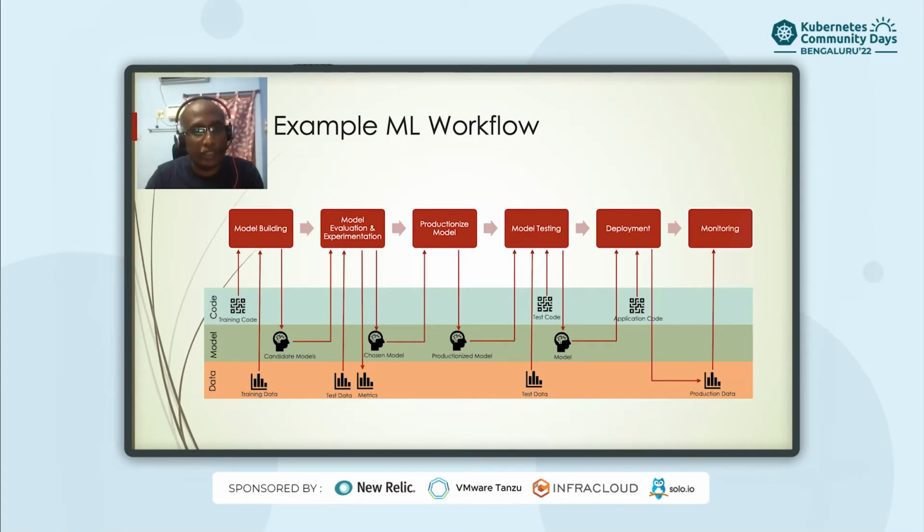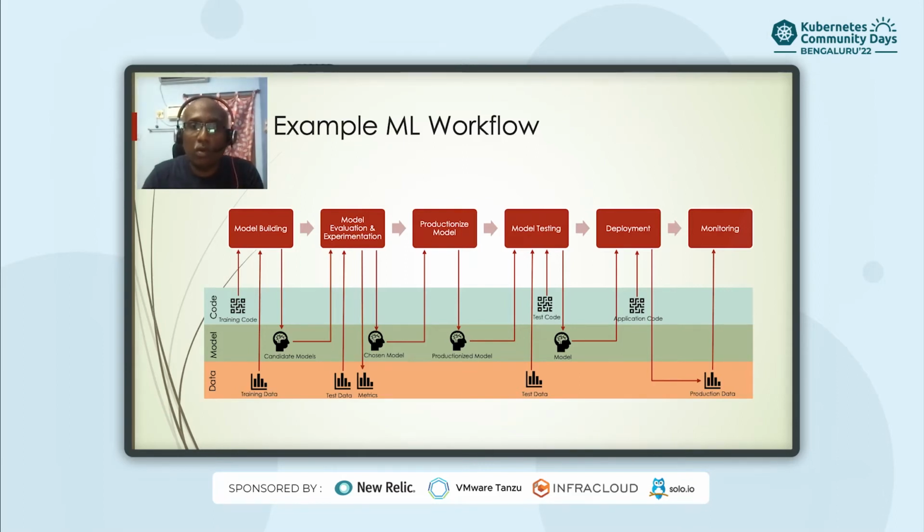And once you have tested the model and once you have fine tuned the model, then you come up with the actual model which is ready to be deployed. Okay, and you have the application code. You deploy the model into the production infrastructure. So the application code will invoke the model, use the predictions, and then it will perform its business logic.